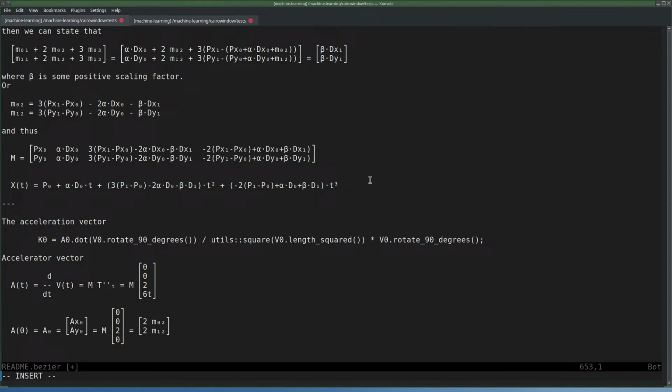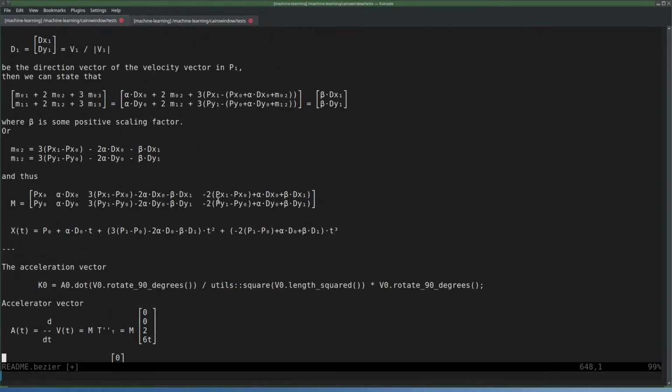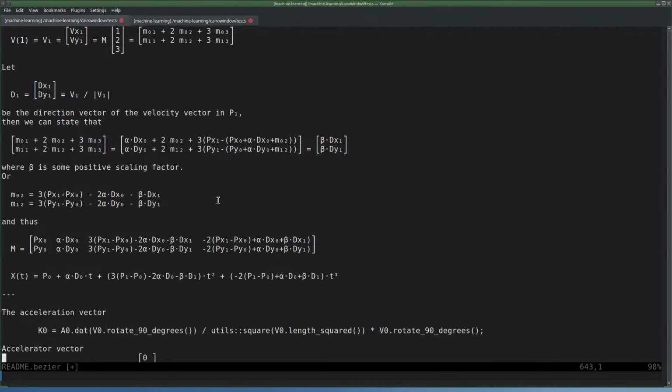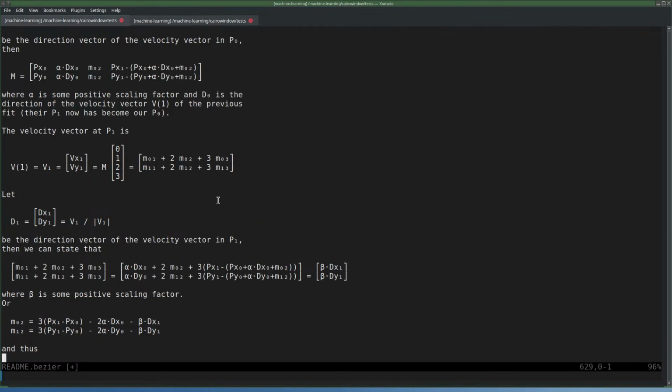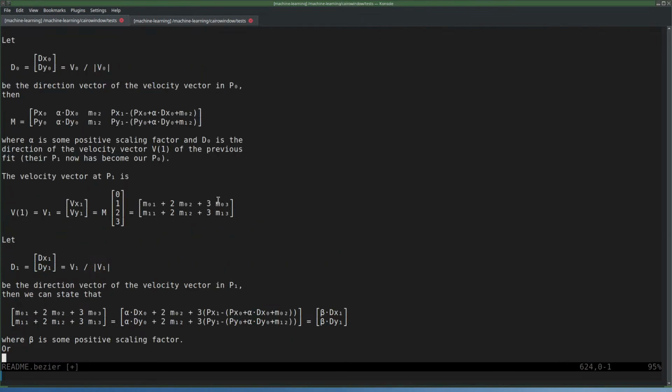So what I want to do is replace the direction vector at P1 with the curvature at P0. Which means I have to go back to this one.